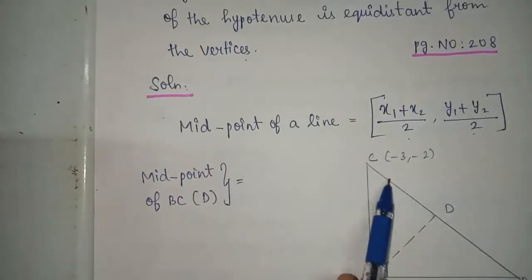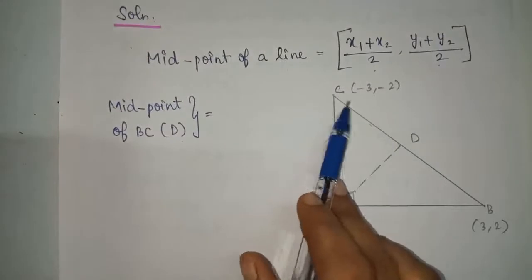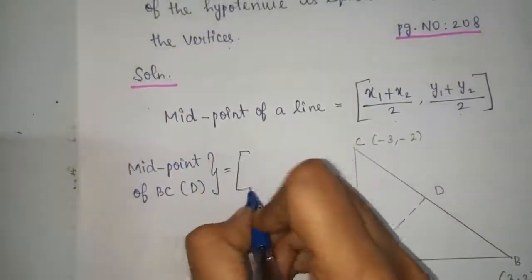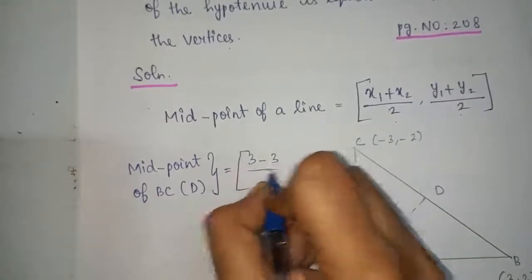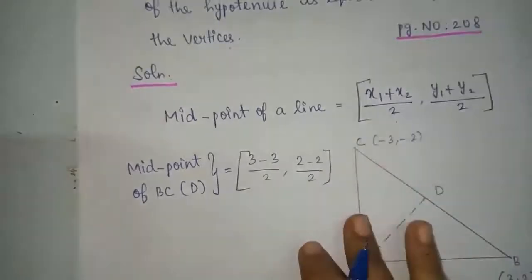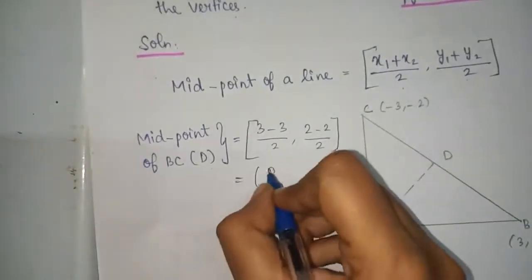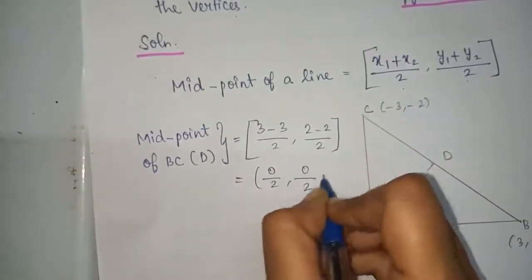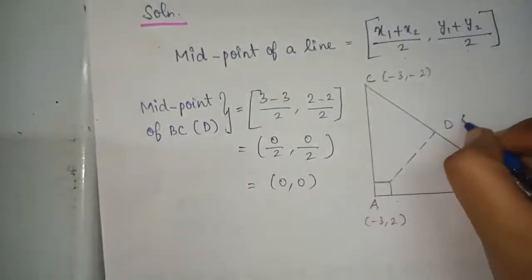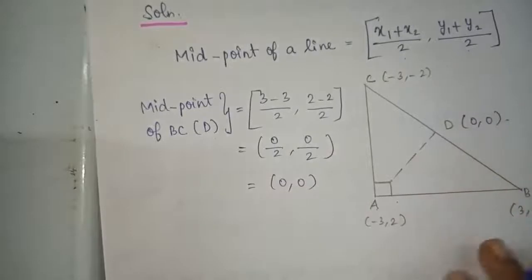So if you take it like this, CB or BC, (3 - 3)/2, (2 - 2)/2, which is equal to 0 by 2, 0 by 2, which is nothing but (0, 0). So the D coordinate is (0, 0).